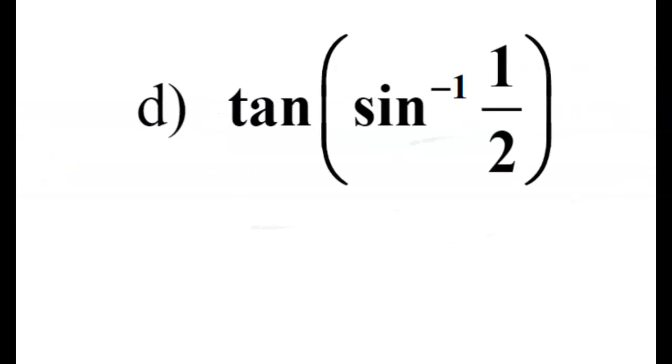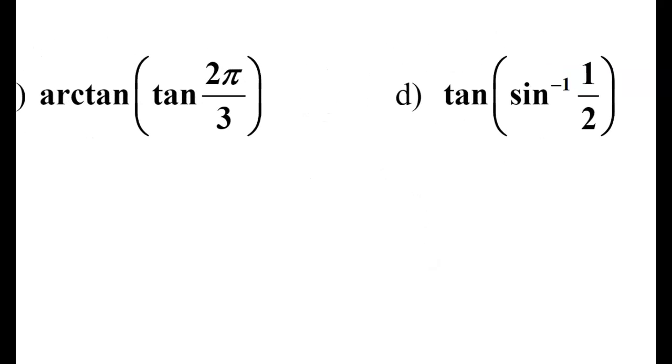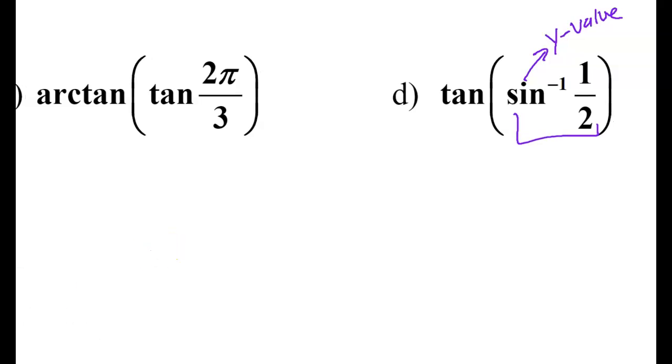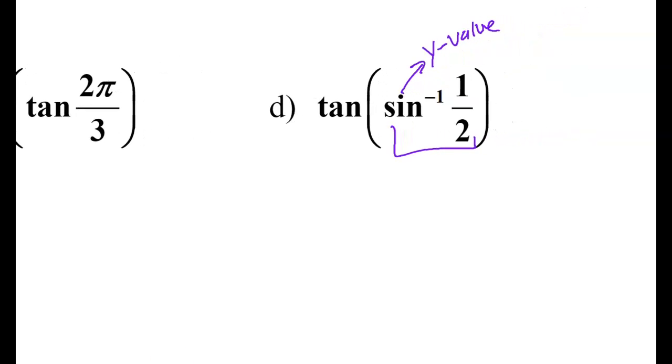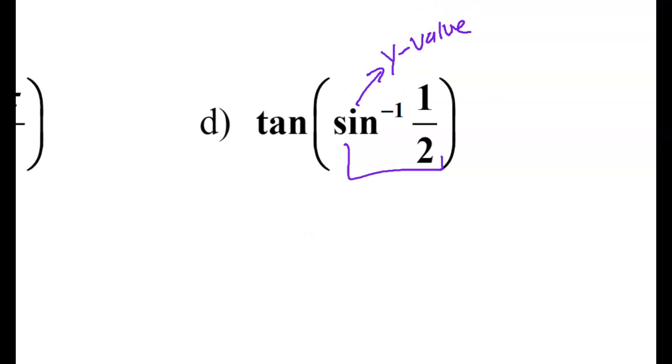All right, so part D. Sine of inverse sine of 1/2. Meaning we're looking for when the y value is 1/2. So where on your unit circle is the y value? Pi over 3. The y value.